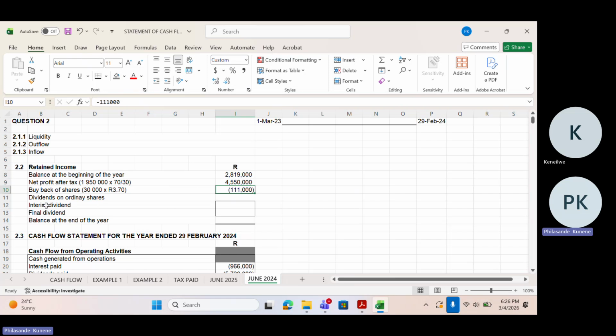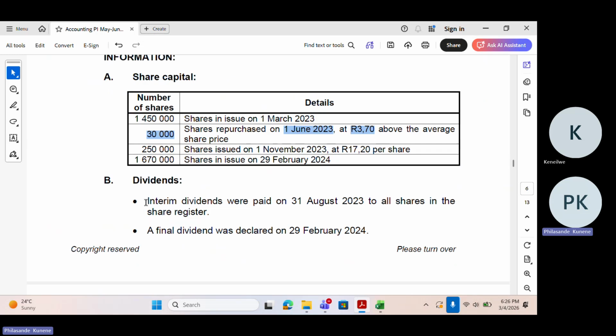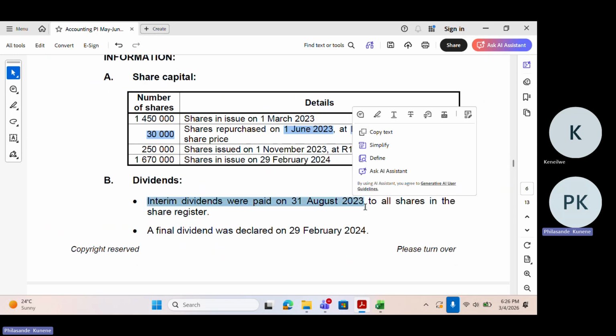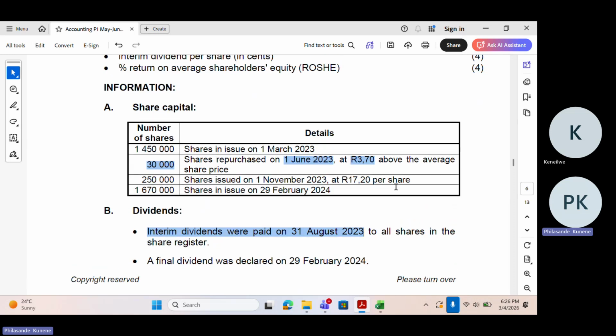And then now we need to work on our dividends, interim dividends and then our final dividends. So what did they say about interim dividends? They told us here interim dividends were paid on 31 August 2023 to all shares in the share register. So what are we going to do to calculate these interim dividends?